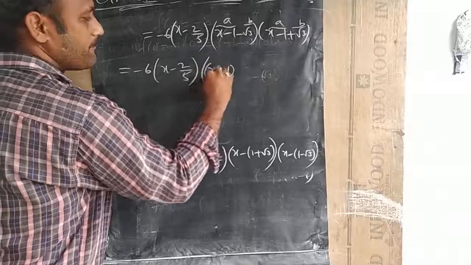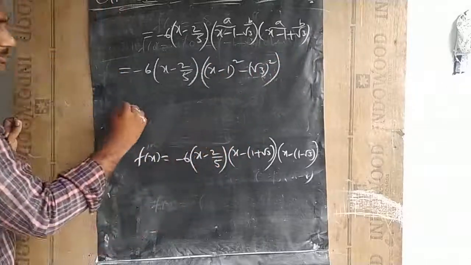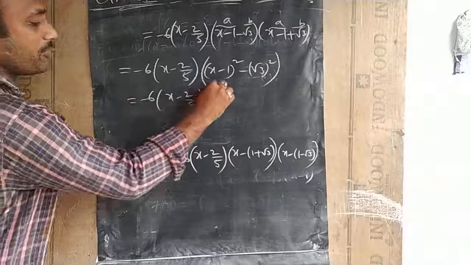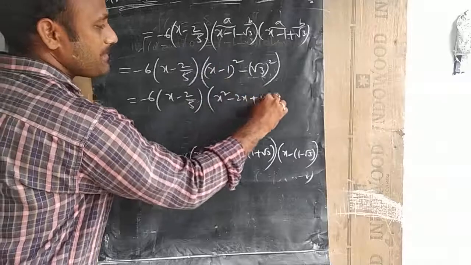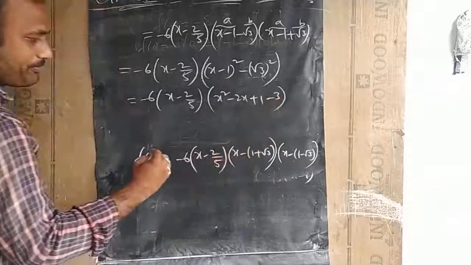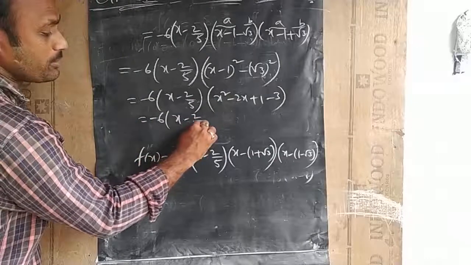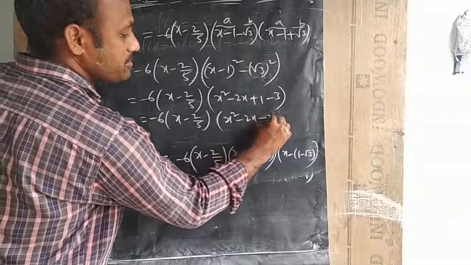So that is minus 6 into x minus 2 by 5, into a square minus root 3 whole square. So minus 6 into x minus 2 by 5, into a minus b whole square, x square minus 2x plus 1 minus 3. So minus 6 into x minus 2 by 5 into x square minus 2x minus 2.